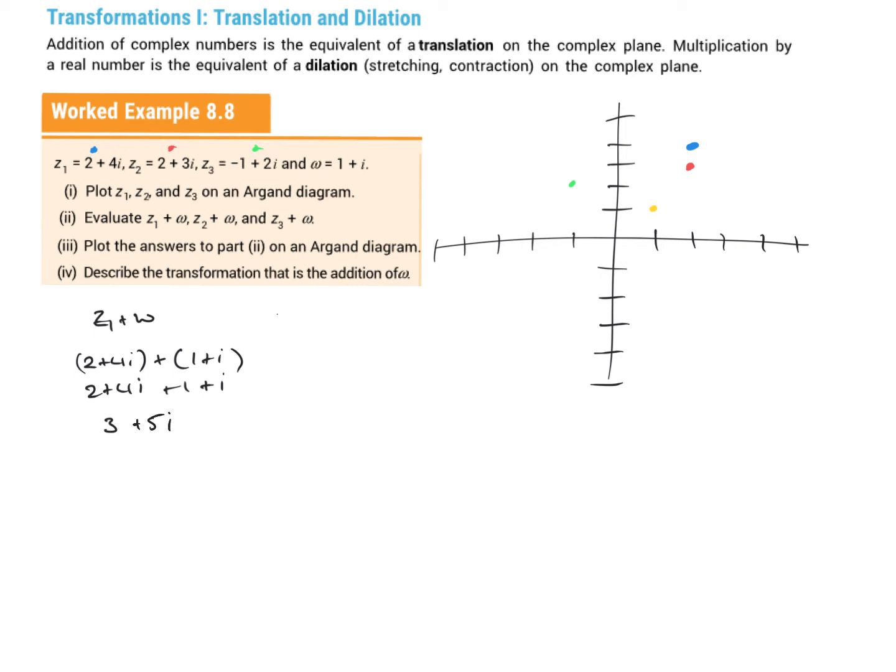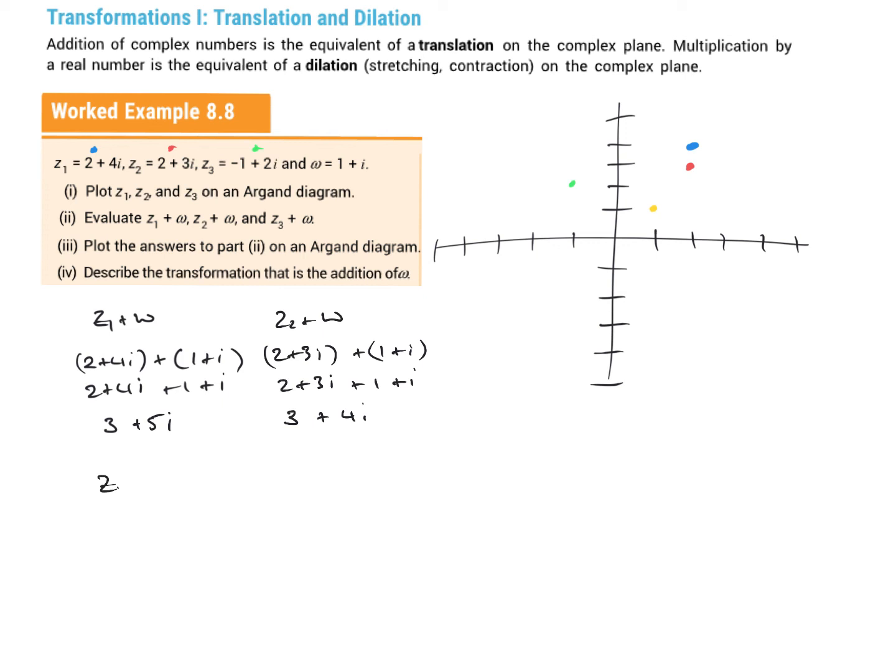If we do z2 plus w, okay, z2 is equal to 2 plus 3i. And again, w is equal to 1 plus i. Get rid of the brackets, we're going to end up with 2 plus 3i plus 1 plus i. And again, add the real ones together, you get 3, and we're going to get plus 4i. Next thing we've got is z3.